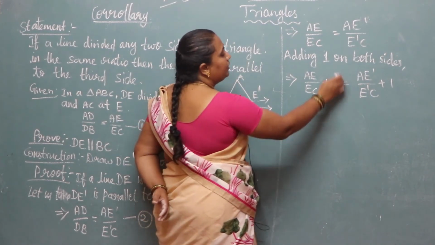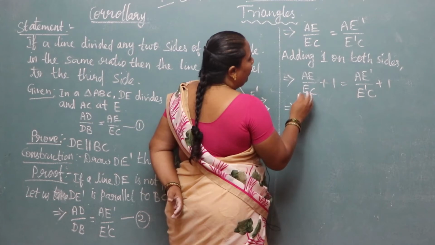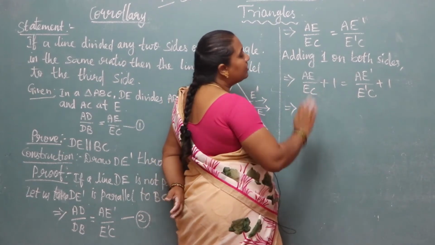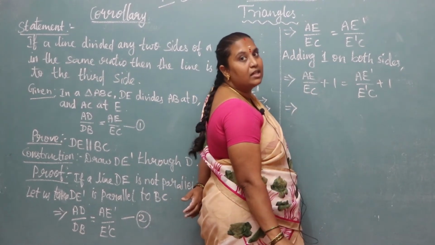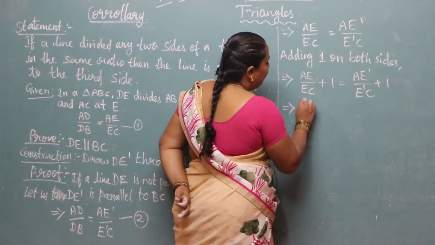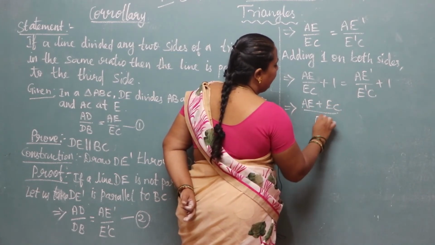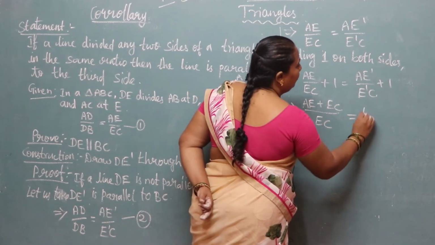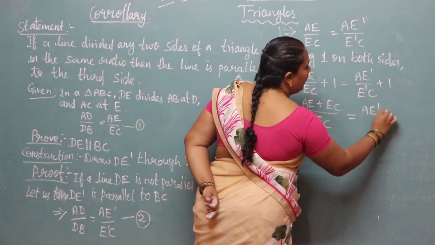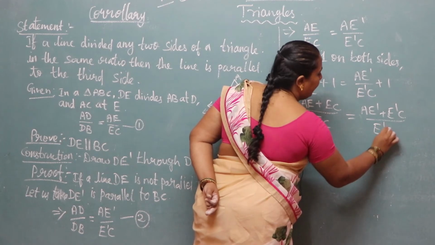Now we should take an LCM here. You already know plus and minus signs are dividing the terms, so we can take LCM here, no? So AE plus EC by EC equals AE dash plus E dash C by E dash C.